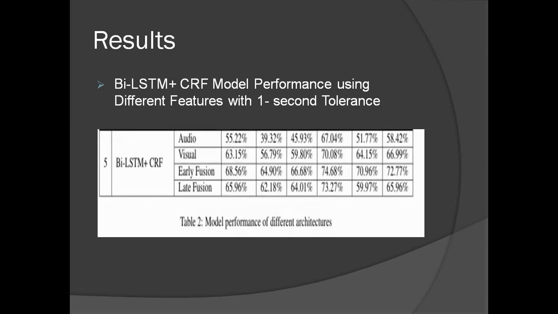We can see that the early fusion results in the best model performance among the 4 types, indicating that our architecture has the capacity to model both the visual and audio features well when they are fed to the model as inputs.